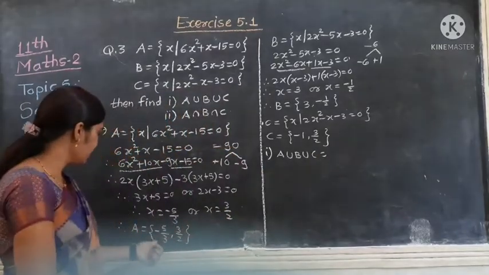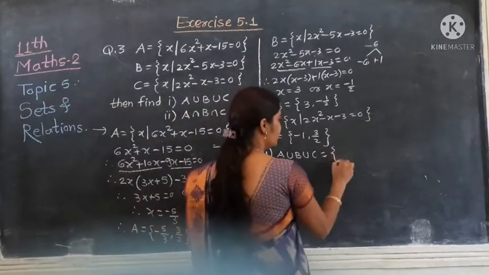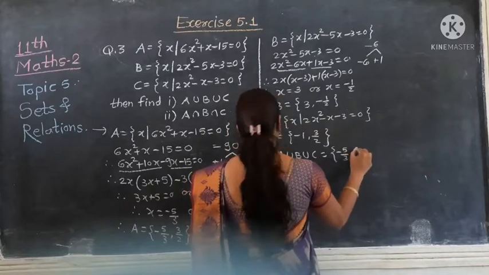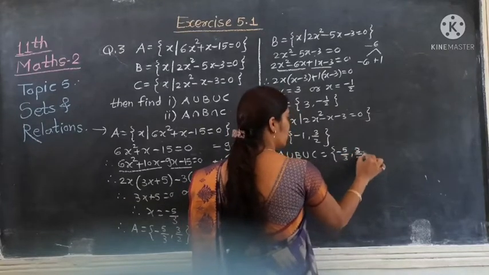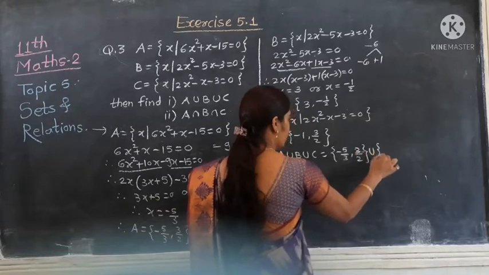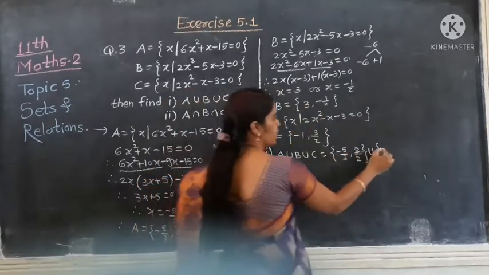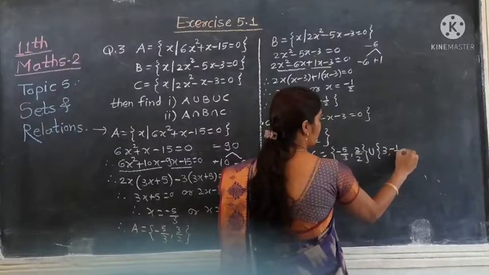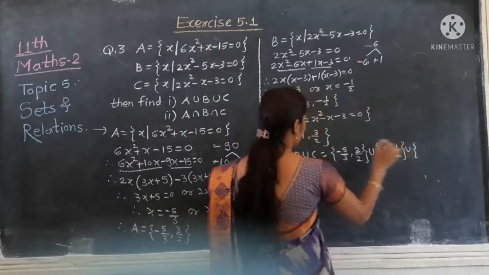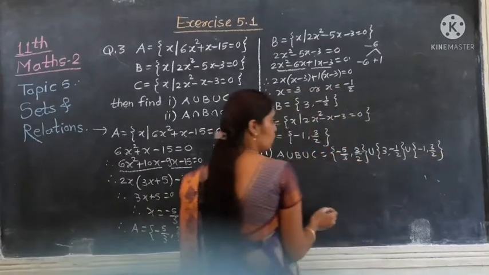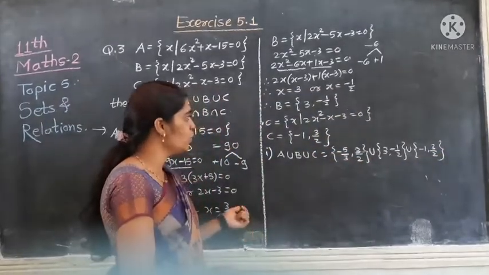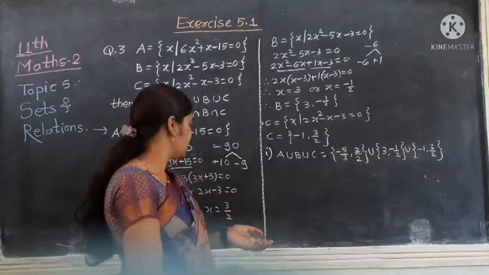What is the set A? Minus 5 upon 3 and 3 upon 2. Union. What is the set B? 3 and minus 1 upon 2. Union. What is the set C? Minus 1, 3 upon 2. What is the union of all these three sets?